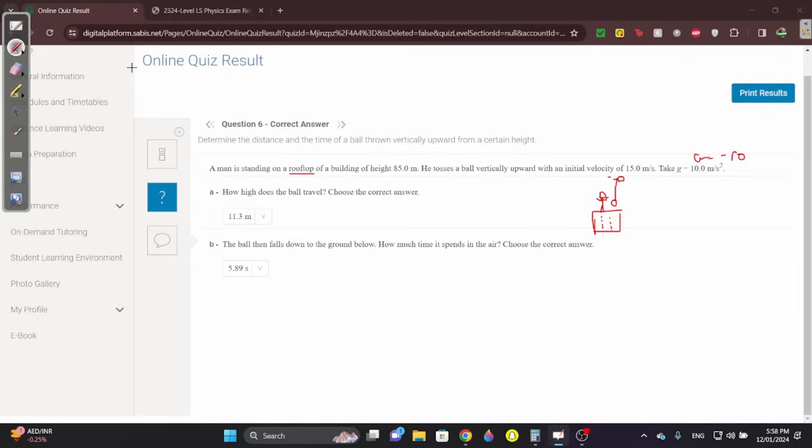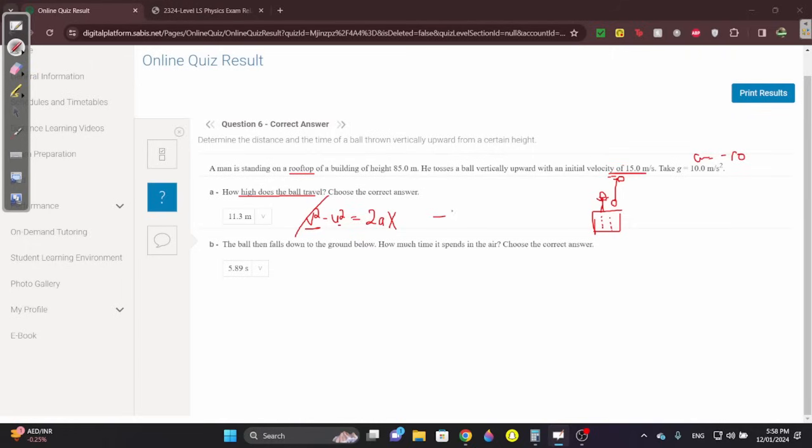Why I'm saying this is, when I want to find how high the ball travels, usually to find the x we were using x equals half at squared plus ut plus x naught. But in this case, we don't have time, so we're going to use v squared minus u squared equals 2ax. Since at the maximum height velocity is 0, we cancel v squared. For u squared, the initial velocity was 15 meters per second.